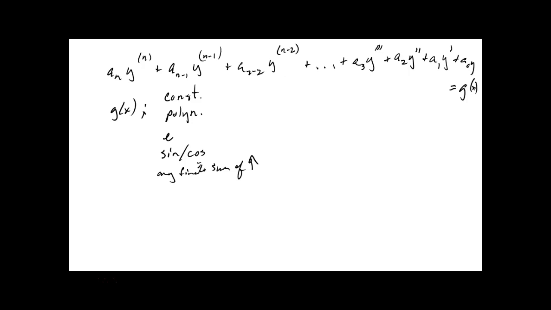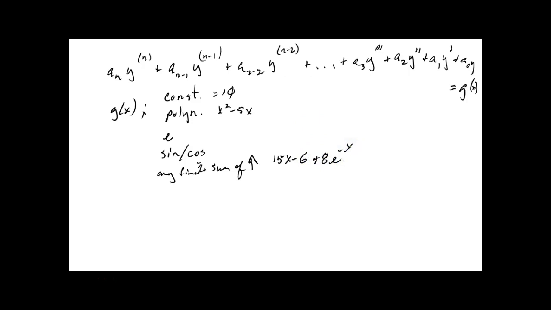So they're going to give some examples. That g of x could equal 10. That would be a constant. x squared minus 5x. That would be a polynomial. Then they go to finite sums of these. Something like 15x minus 6 plus 8e to the minus x.